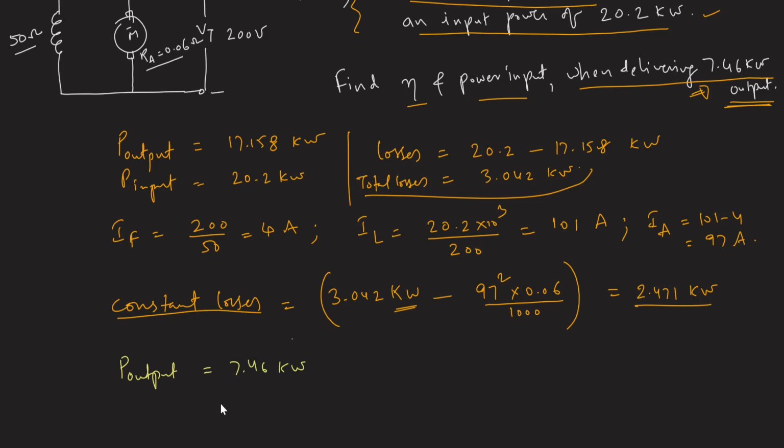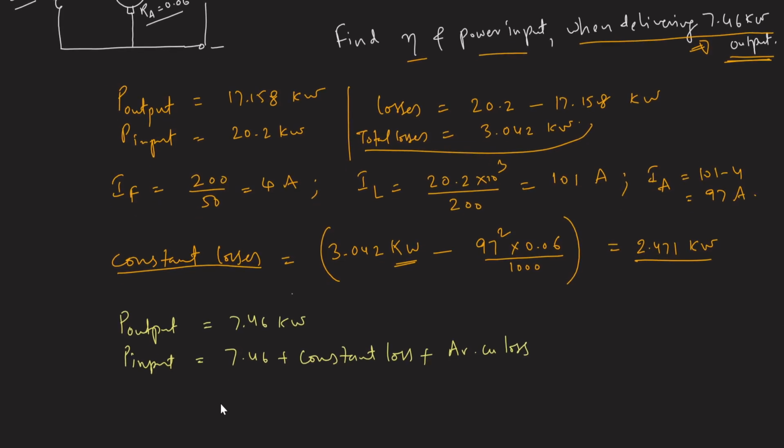So for finding out power input, we add up the output power plus constant losses plus the armature copper losses. The constant losses we have just calculated, that is 2.471 kilowatts. This is also in kilowatts. Now what is the armature copper loss in kilowatts at this operating condition?